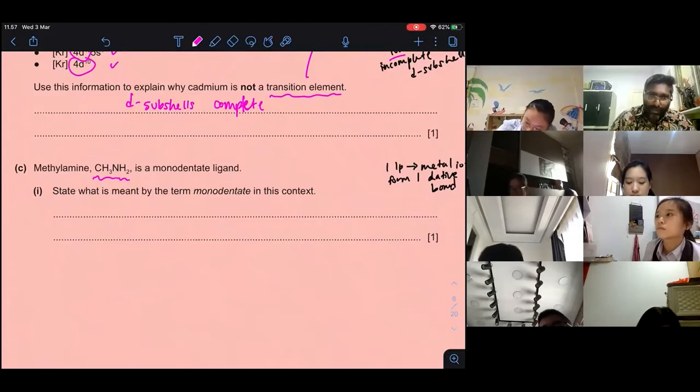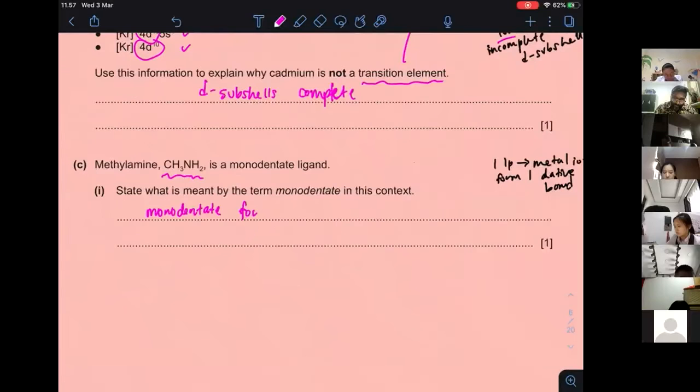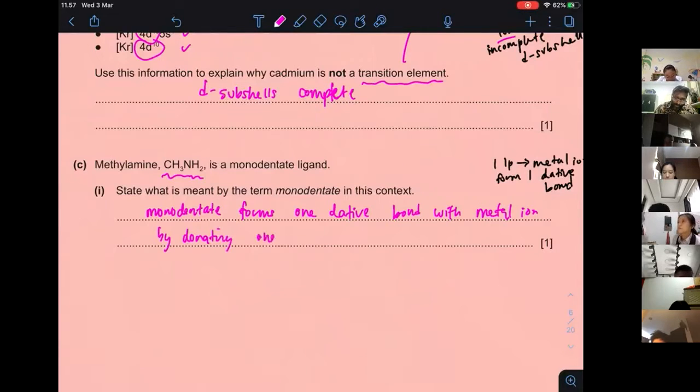So what is meant by monodentate? Monodentate donates or forms one dative bond with the metal ion by donating one lone pair to the metal ion.